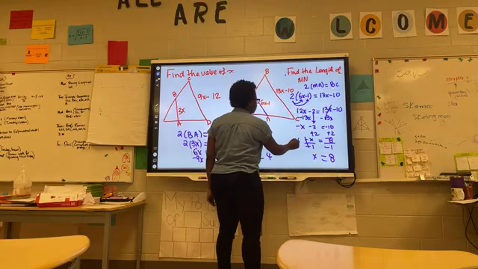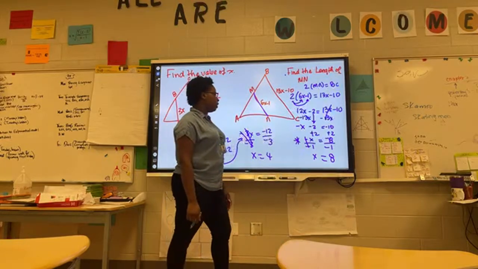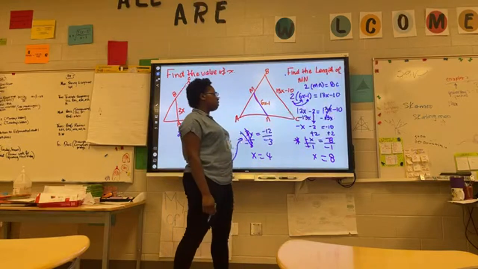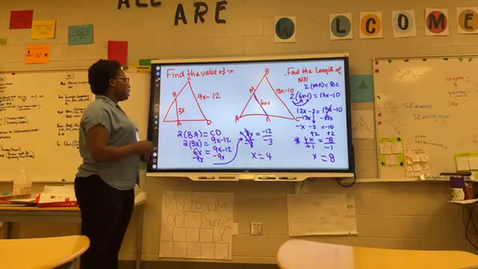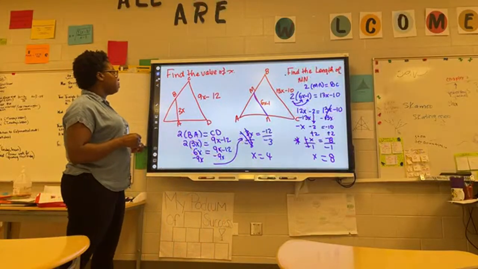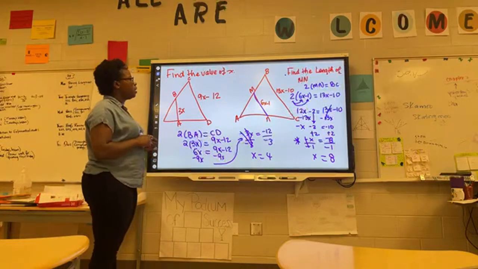At this part you could either divide by negative 1 or multiply by negative 1, and your answer should have given you the same thing. Alright, so that's how you solve for a variable when you're given the mid-segment concept to take into account.